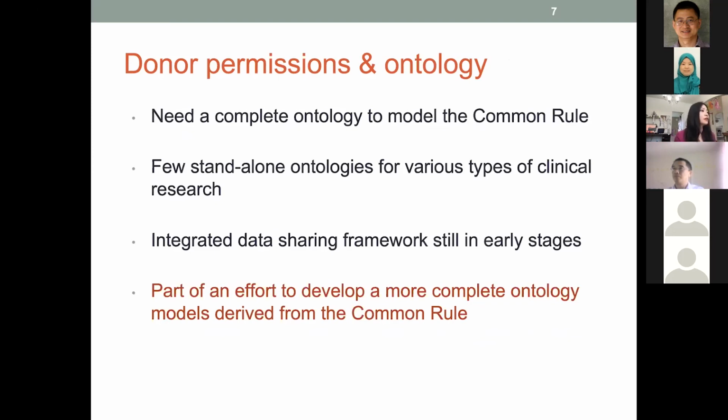This study was done as part of an effort with our collaborators to develop a more complete ontology model derived from the Common Rule. And with an automated method to extract donor permissions combined with our Common Rule ontology and informed consent ontology, we hope to help future research on permission identification.